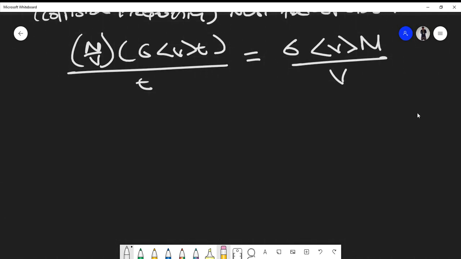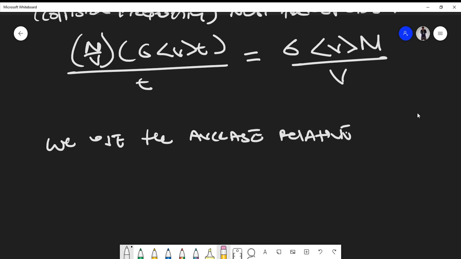But something is missing. We have to remember that the molecules in the tube are not really stationary. That's just a concept. So we have to use the average relative speed, which we represent as v_rel.